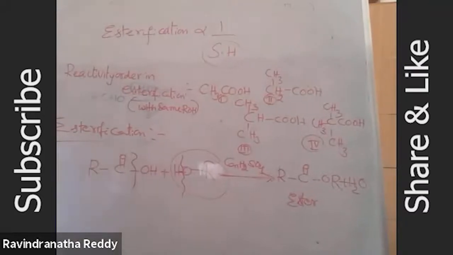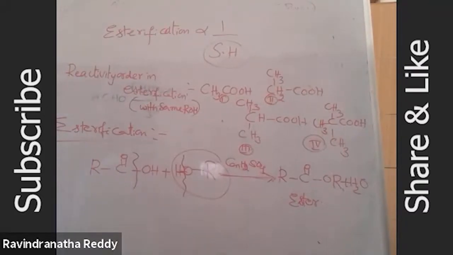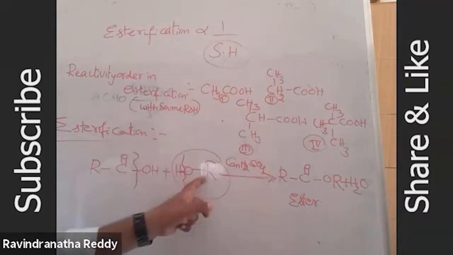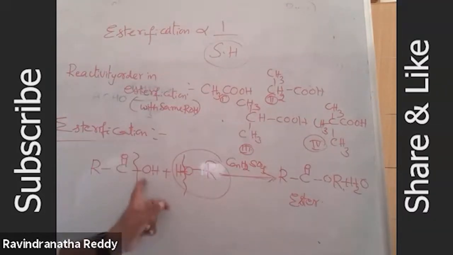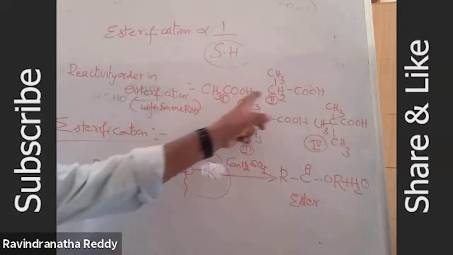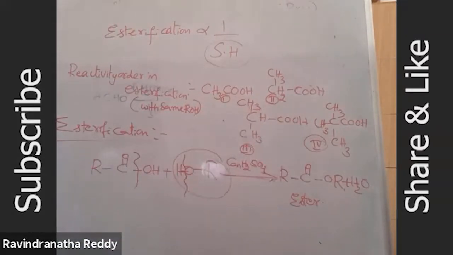Esterification is inversely proportional to steric hindrance. If steric hindrance is least, reactivity is more. But you have to use the same alcohol with different carboxylic acids. What is the reactivity order? Gayatri, Archana. Very good, Kavya, correct answer.